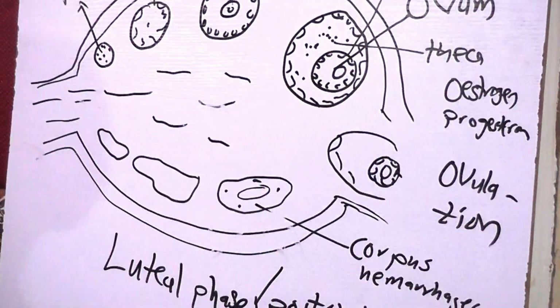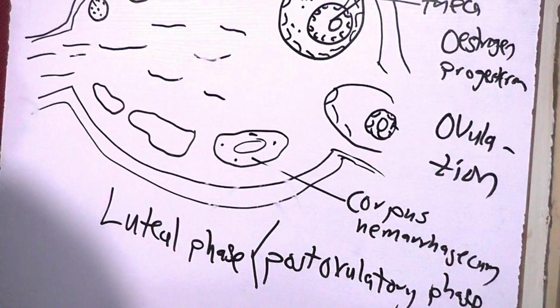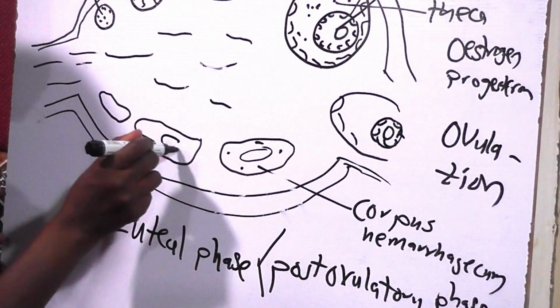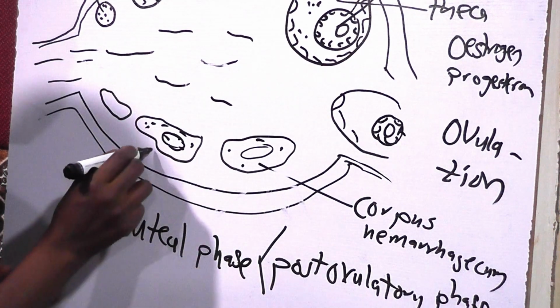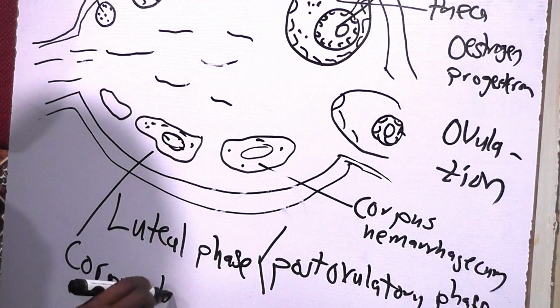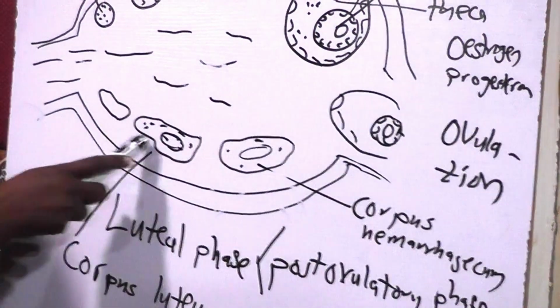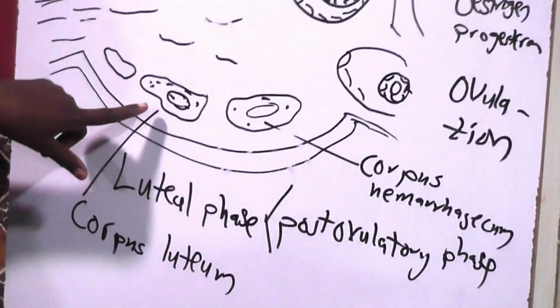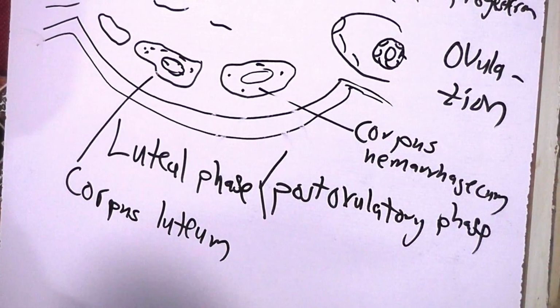As the corpus hemorrhagicum continues to undergo physical changes, it will become filled up with a yellowish substance known as the corpus luteum. And this corpus luteum will continue to produce progesterone.